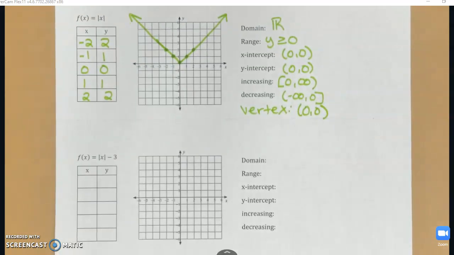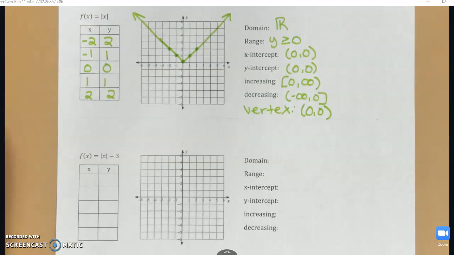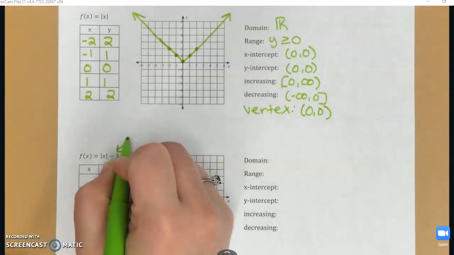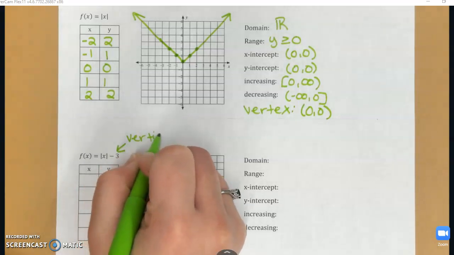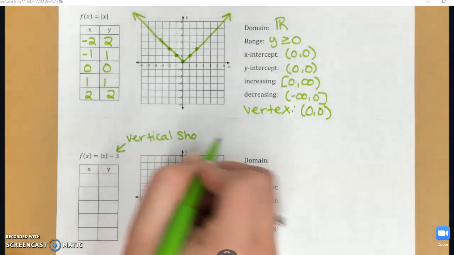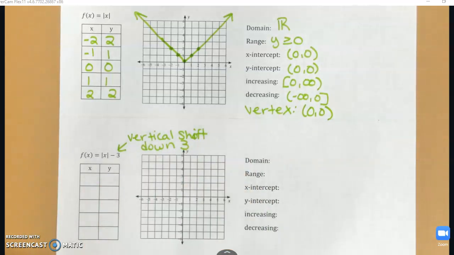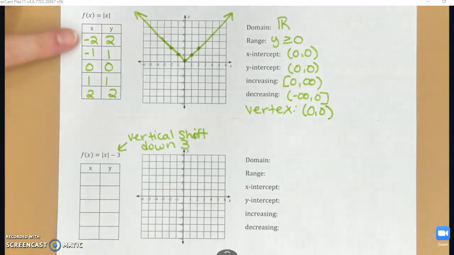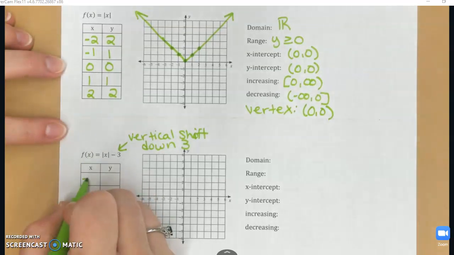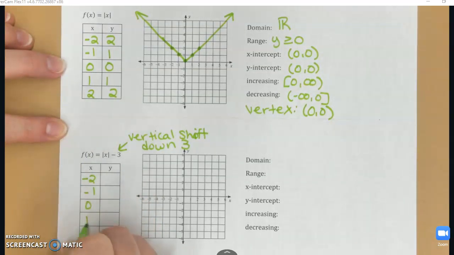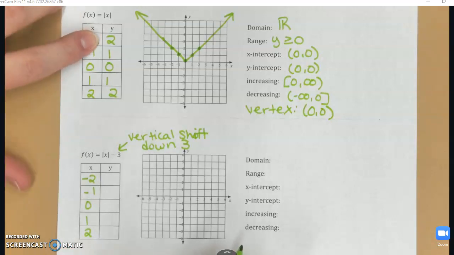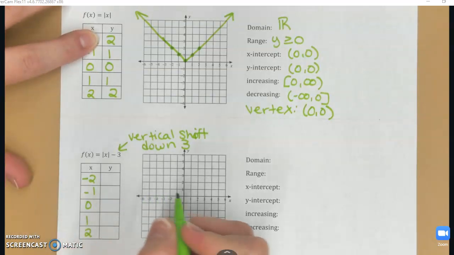Looking at my next one, absolute value of x - 3. Now what I could do is go through my xy table, find some new points, and plot those, or I can recognize that this means a vertical shift down, shift down 3. Now a vertical shift affects my y coordinates, so what I'm going to do is take these points from my parent function, my x values won't change, and I'm going to subtract 3 from each of my y's.